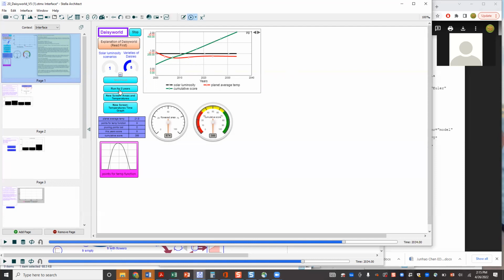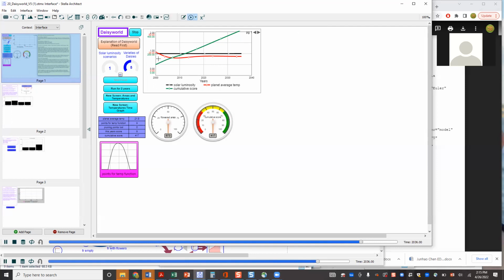I started with a certain number of different kinds of daisies, and they changed in the beginning. So I had some white daisies and black daisies growing at differential rates. And eventually I achieved some stability. And because I achieved that stability, I'm earning more and more points as time goes on, because the system is behaving, it has self-regulated itself. It's maintaining its balance there.